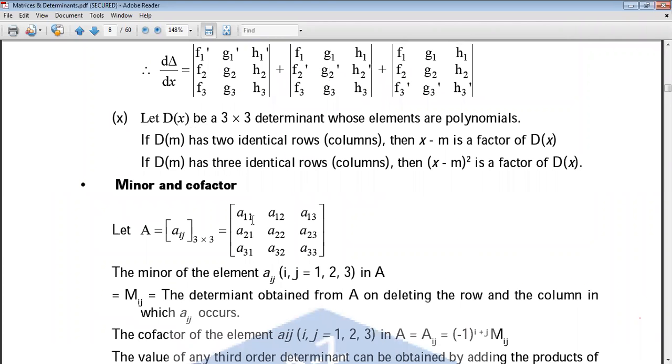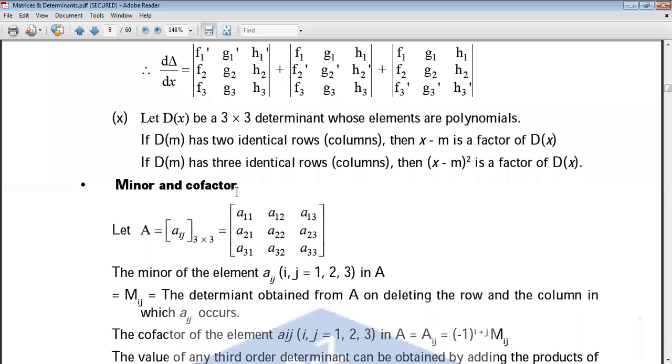Okay, but see, we have a lack of time. The minor and cofactor, this is the most important one, because as I already told you, in the next portion of matrices the concept of minor and cofactor is very much required.